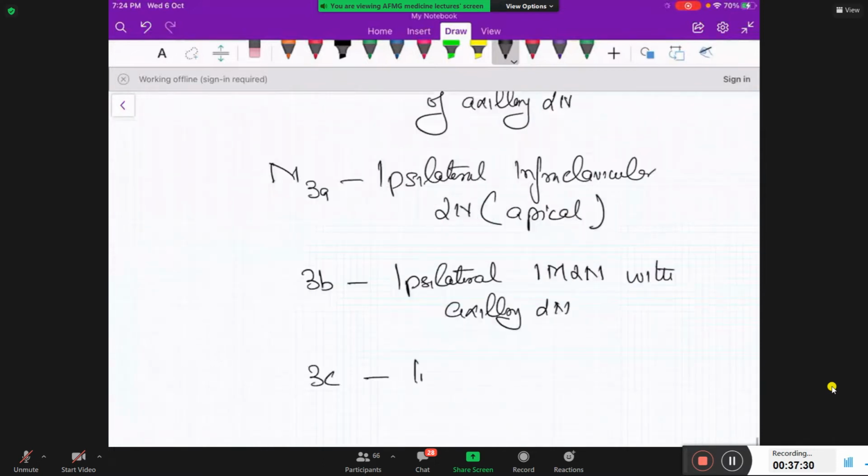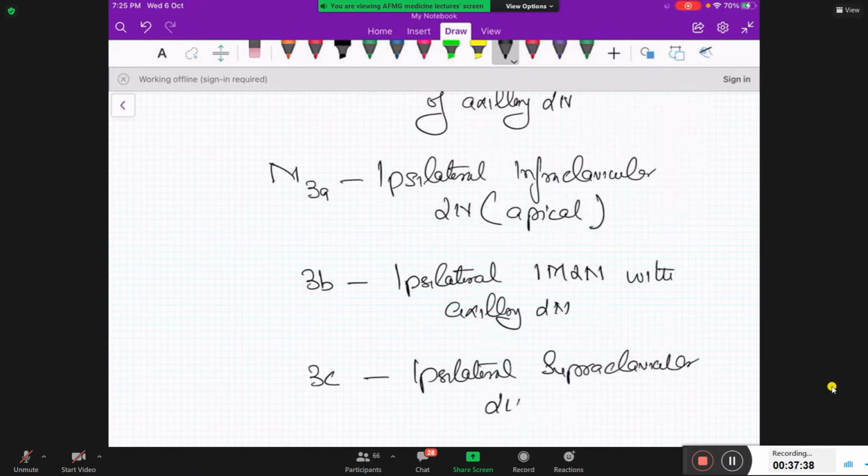And 3C is ipsilateral supraclavicular lymph node.